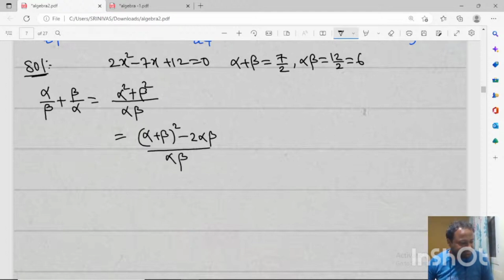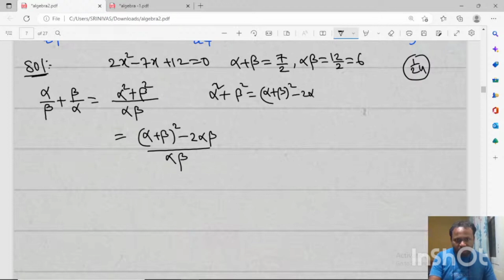Sahana as well as Bhagya did 1 by 24. Both said 1 by 24. Let me check. Alpha square plus beta square is equal to alpha plus beta whole square minus 2 alpha beta.